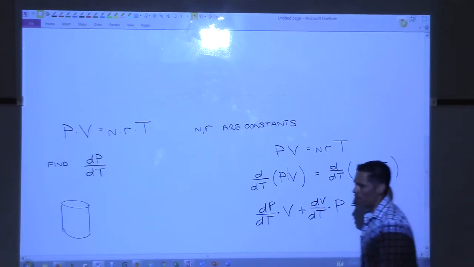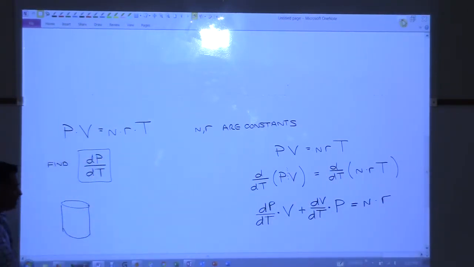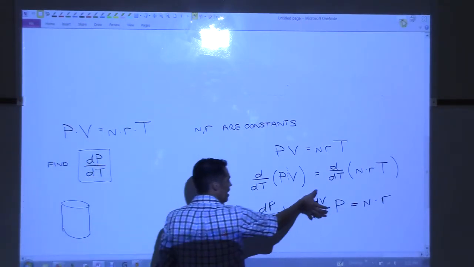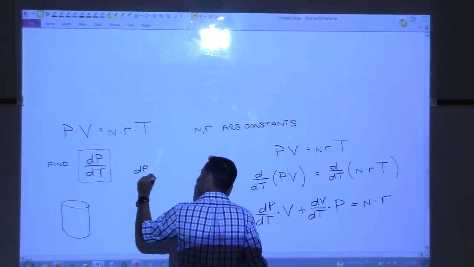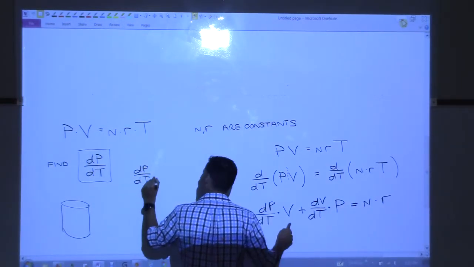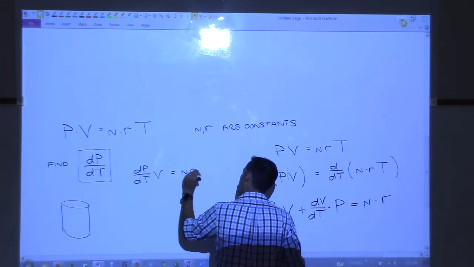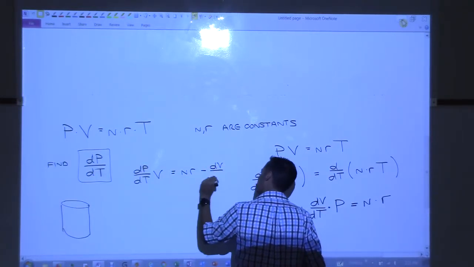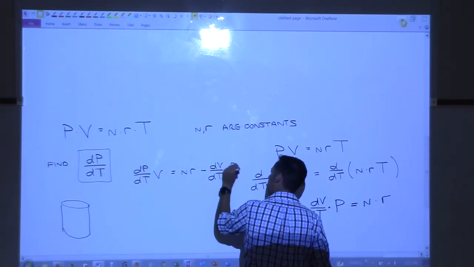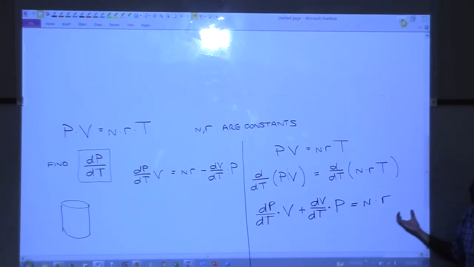Okay, so what were we trying to find? dP/dT, right? You see it in there? Okay, let's isolate it. So I'm going to move this guy to the other side. So dP/dT times V equals nR minus dV/dT times P. Okay, so I just moved this one to the other side, right?